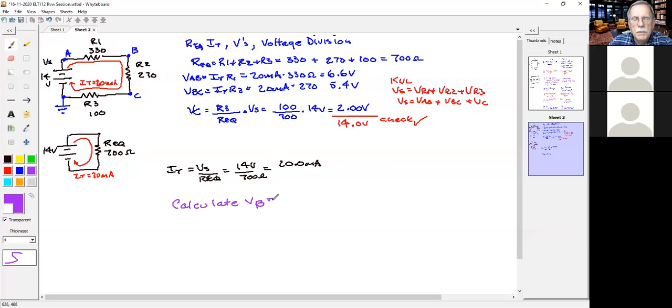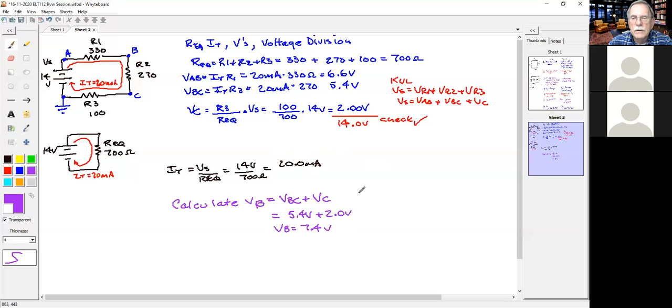So we could say that VB is going to be VBC plus V sub C. So VBC, we figured out to be 5.4 volts. VC, we figured out to be 2 volts. That makes VB 7.4 volts.